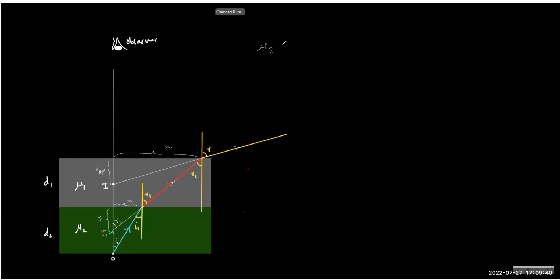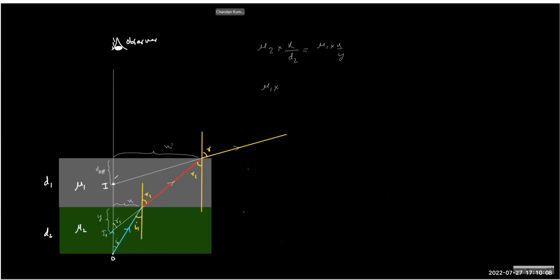Mu2 into sine, so I can just write tan. Mu2 into i1, x upon d2 equals mu1 into x by y, and then mu1 into r1.